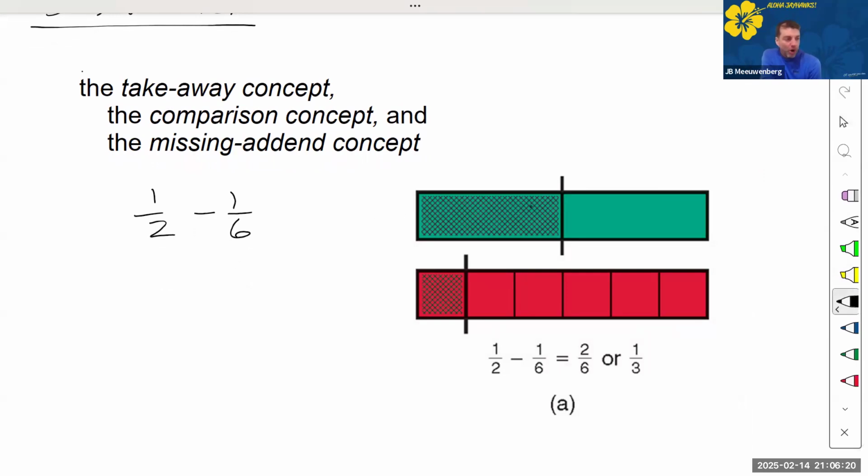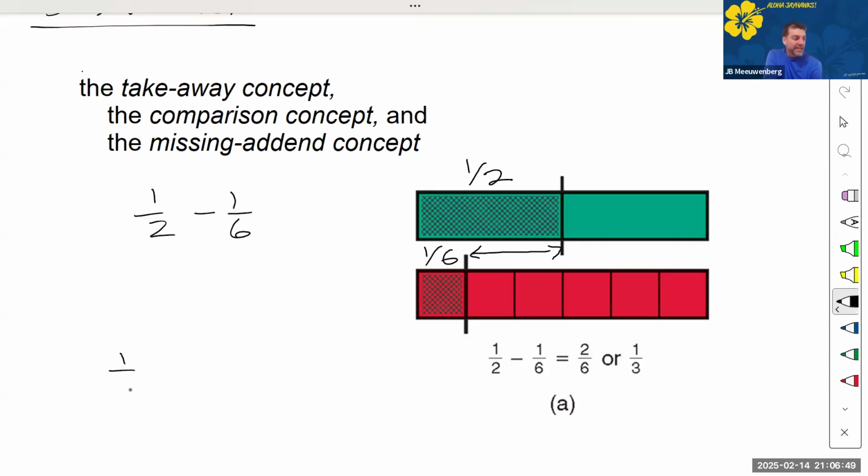The top bar represents 1/2. We've got a green bar cut into 2 pieces. The bottom bar represents 1/6. And we are subtracting them. And so again, one way to view that is the comparison. Look at how far apart they are. We're really trying to find the difference between them. That's also working us through that missing addend concept.